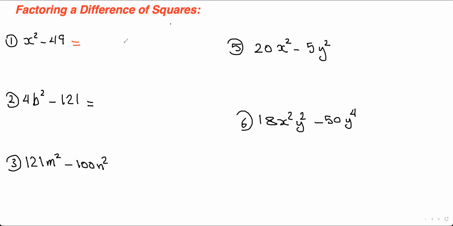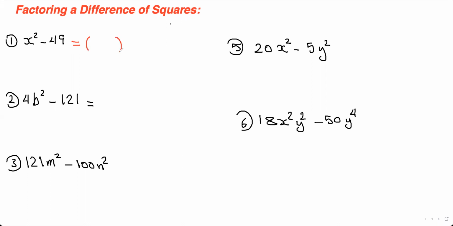It's always a binomial, which means two terms. Here you have two terms, here you have two terms, and in all of these you have two terms. The sign in the middle between the two terms is negative. Also, this has to be a perfect square, and this has to be a perfect square. Once you have those conditions, it's so easy to do.